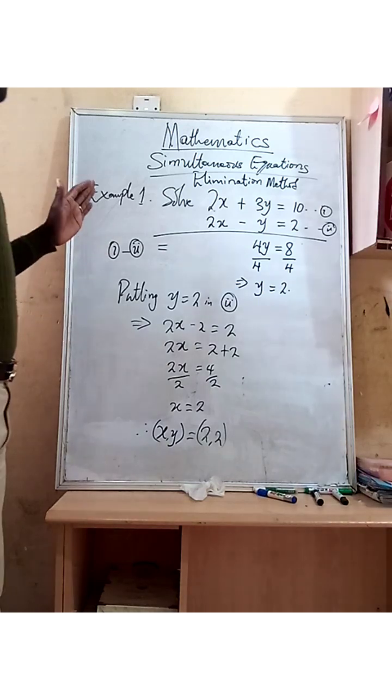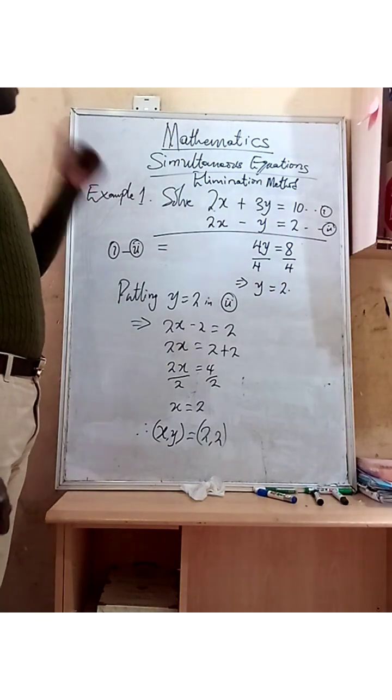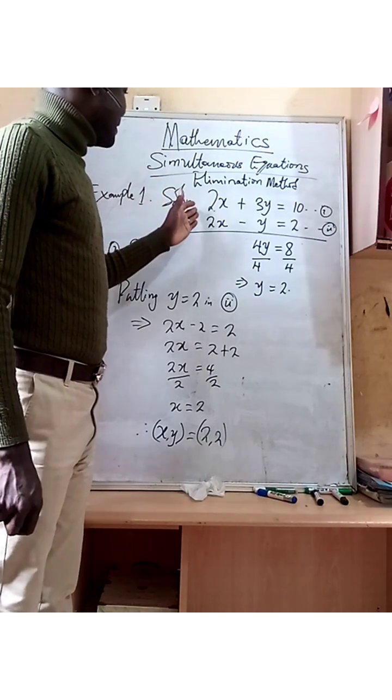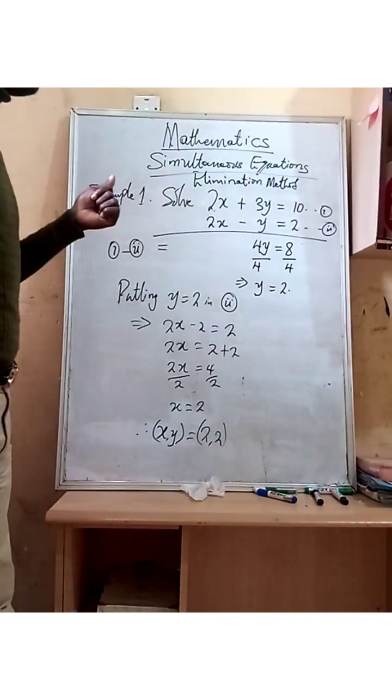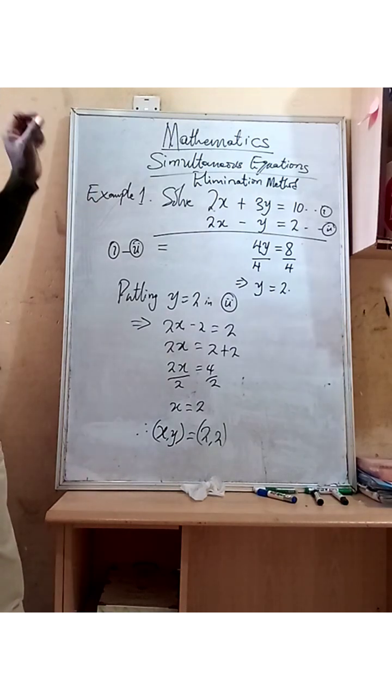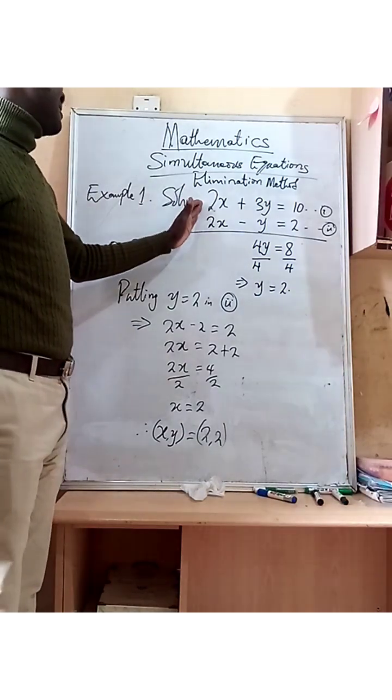Okay, now, like I said, the first thing to consider to determine whether to apply the elimination method is, do we have any of the variables whose coefficients are the same in both equations originally? The answer is yes in this case.